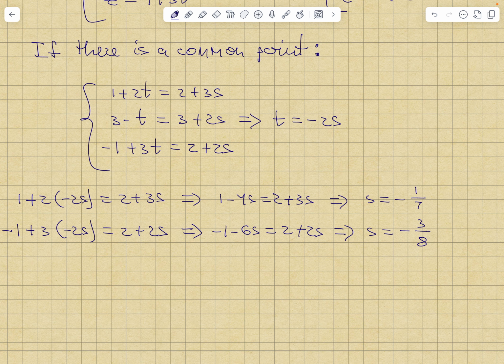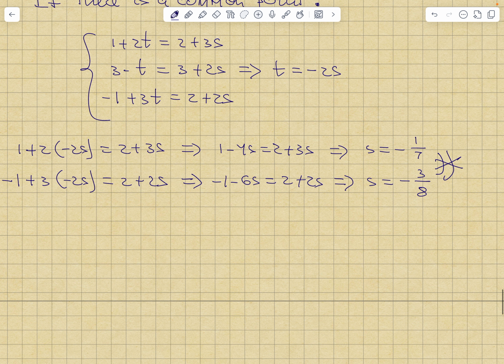So two equations give me two different answers. Minus 1/7 is not equal to minus 3/8. That means that there is no common solution to all three equations. So no solution, and therefore L1 and L2 are skew lines.